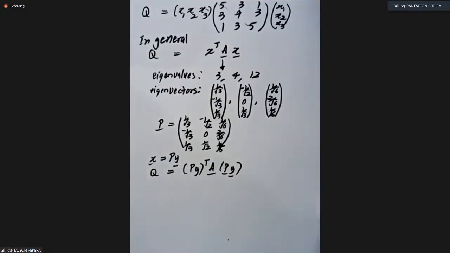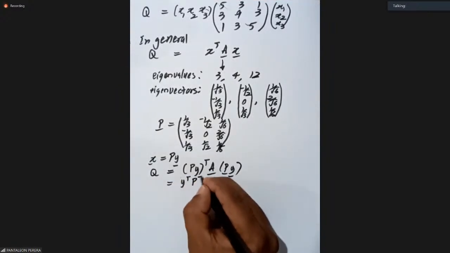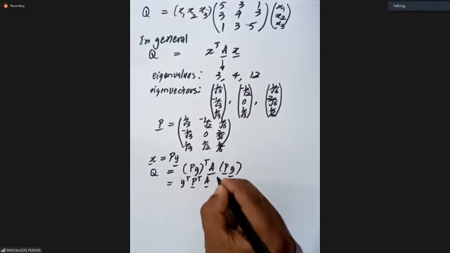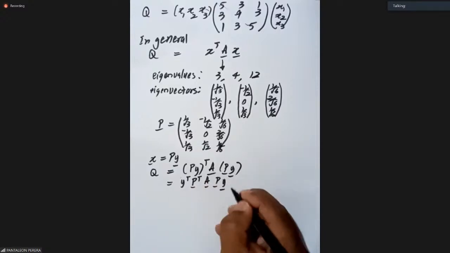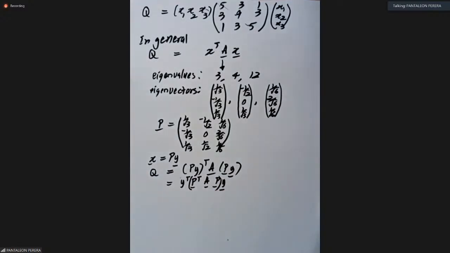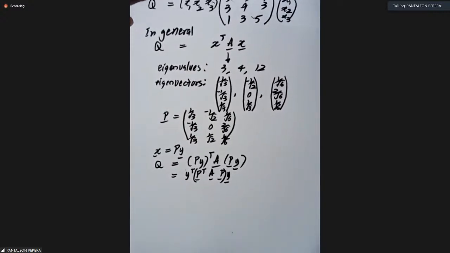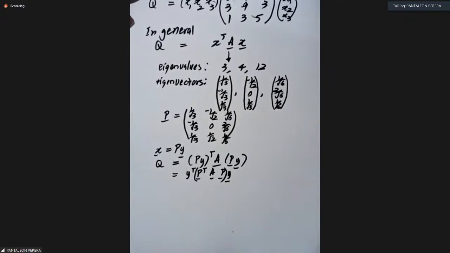So it will be like this: y transpose, P transpose A P. What is that? P transpose AP is something we are familiar with. It is that diagonal form.